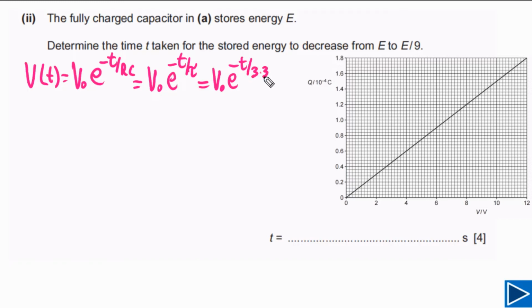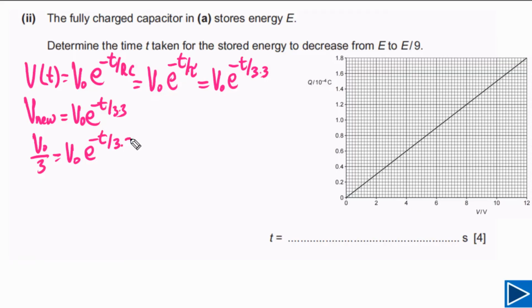Tau is 3.3 seconds. Now the value of V new, we can rewrite this formula. So V new is equal to V naught e to the power of negative T over tau. V new we have calculated, this is V naught by 3, and this is equal to V naught e to the power of negative T over 3.3.